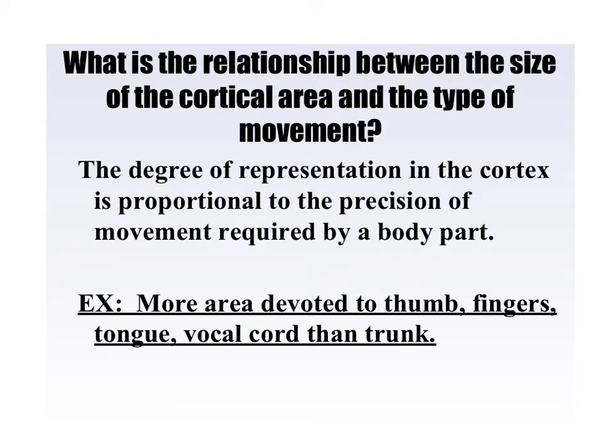And this is basically the same thing, except now we're not talking about the primary somatosensory cortex. We're going to be talking about the primary motor cortex, which deals with movement. And you're going to have the same looking guy here on the next slide, and it's going to show you how much of the primary motor cortex, how large of regions, are dedicated to different body parts. And you can probably see things like the thumb and the fingers.